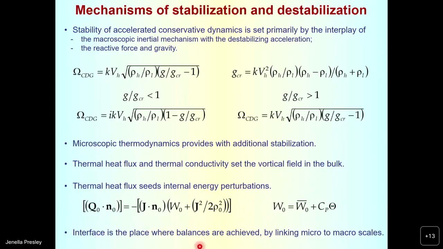And from that, it doesn't matter for us whether it is a thin interface or a thick interface, because our calculations are all conducted in the inertial frame of reference. And in fact, our theory defines the interface as a place where balances are achieved.